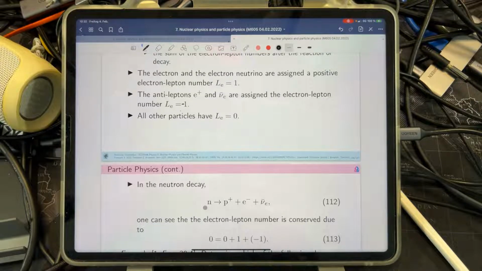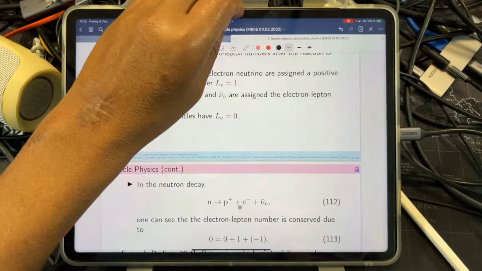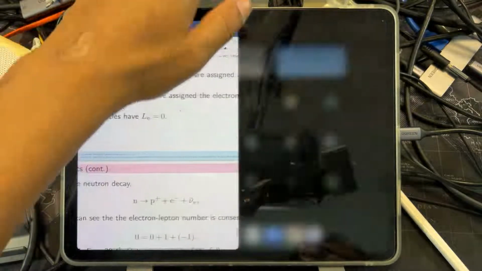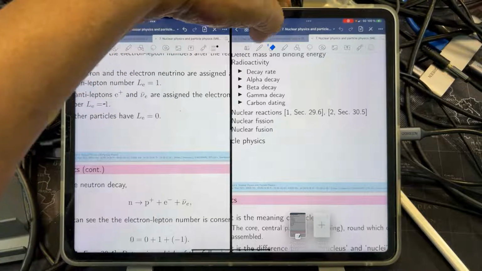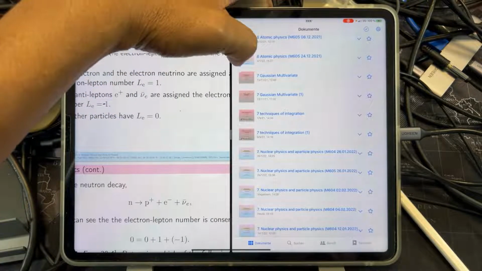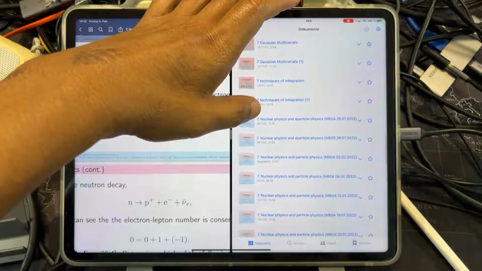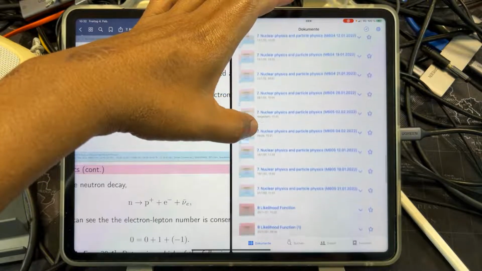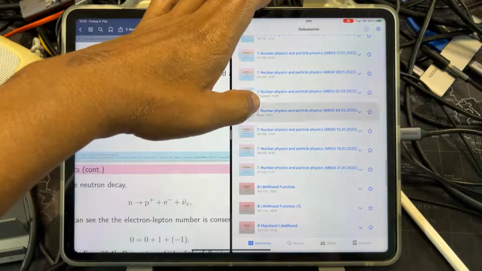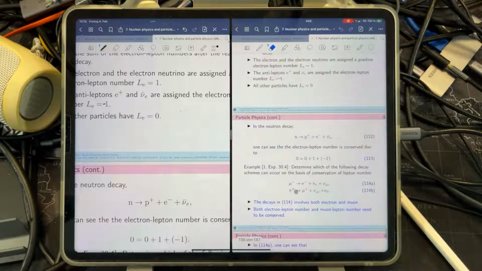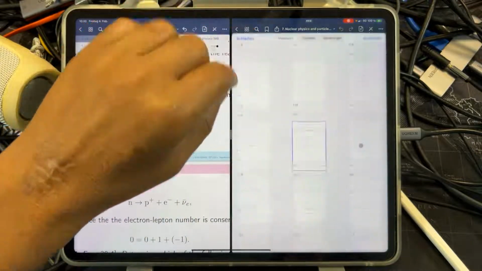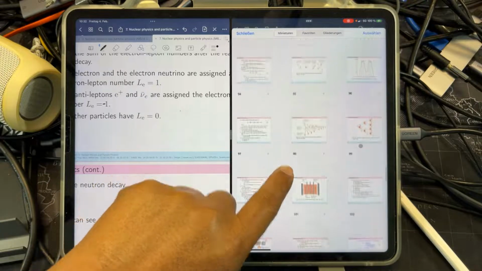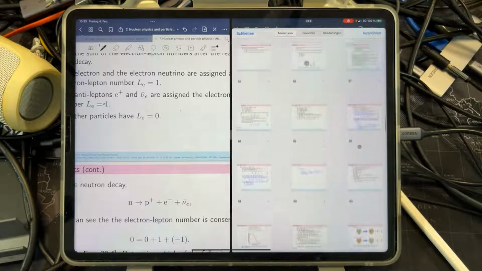Before that, we have seen the neutron decay. Let's say we consider beta decay.